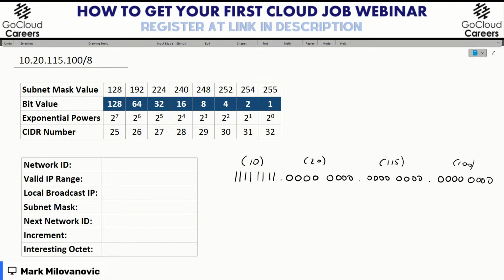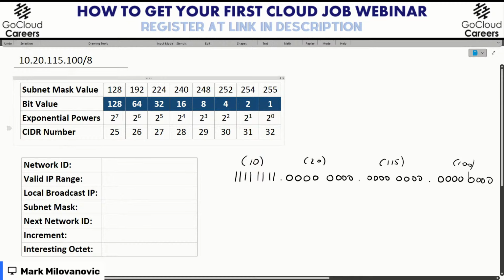What we just did is we turned on every one of these bits. We turned them all on. As a matter of fact, I'm going to do this so that we can see it.